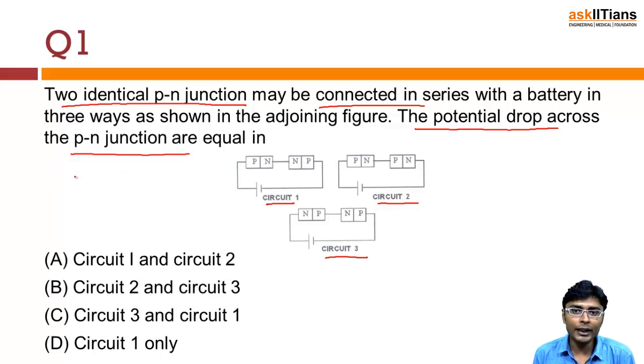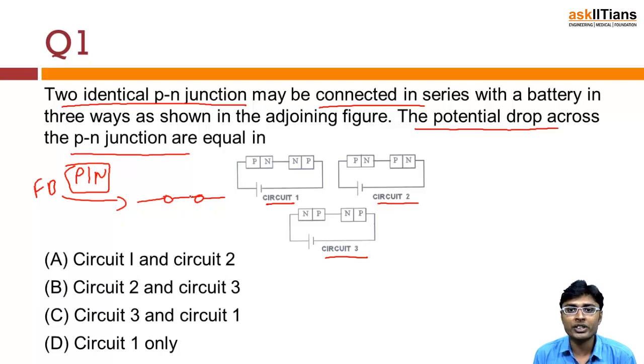Before this, let me tell you that if a PN junction is in forward bias, that means the P side is more positive as compared to the N side, then we can replace the PN junction by a short circuit, because in forward bias the PN junction diode offers very low resistance. Ideally we can say it offers zero resistance. So we can replace it by a short circuit.